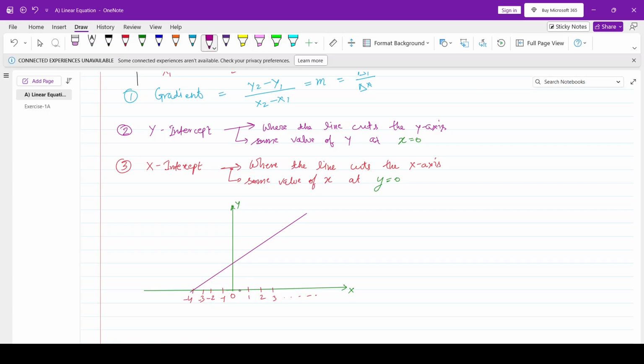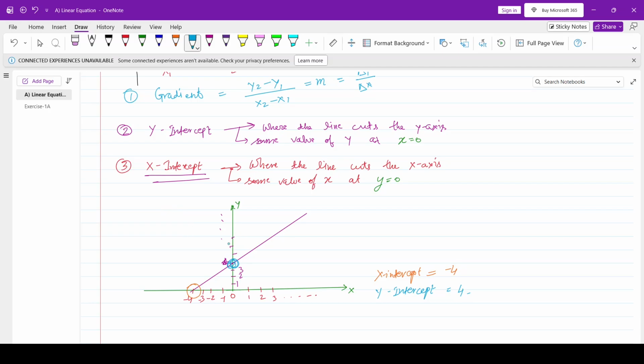Similarly, if we take y-axis, can we say 1 would be somewhere over here, then 2, then 3, then 4, and so on? Now what we mean by x-intercept and y-intercept is this: x-intercept is where this line cuts the x-axis, here at this point. So in this case, x-intercept is -4. Similarly, y-intercept is where this line cuts the y-axis, here at this point. We can say y-intercept is 4.